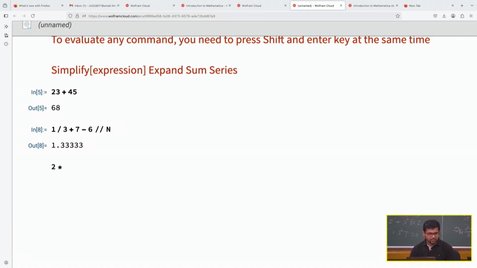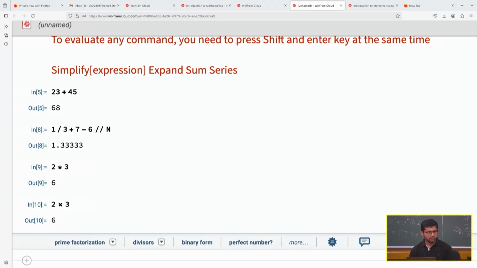You can write either 2 into 3, or you can write 2 and a space. If you give a space, Mathematica will consider it to be multiplication. So, you do not even need to write the multiplication sign if you do not want to. Even if you write 2, a space, 3 and press shift enter, it will give you the same result.